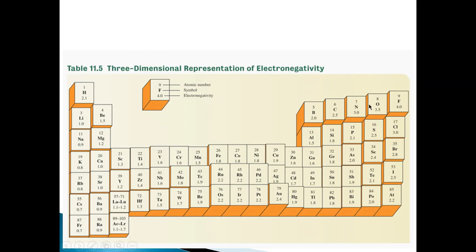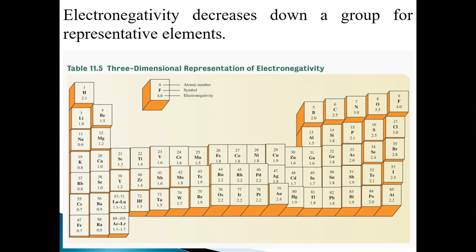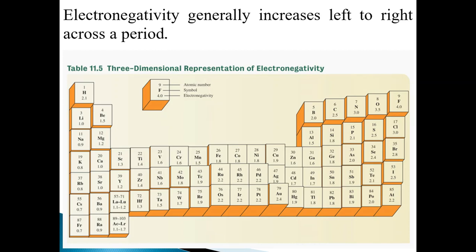And what you'll find is that nonmetals tend to have high electronegativity values, while metals, their electronegativity values are low. So some trends that you'll observe: the electronegativity decreases down a group, right? Down any group, the electronegativity decreases, right? And then going left to right of any period, the electronegativity generally increases.